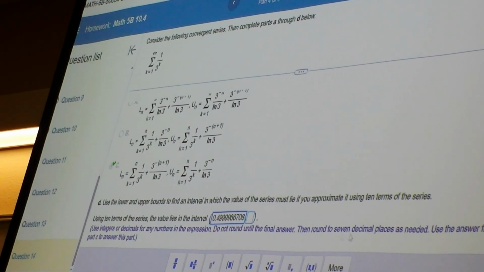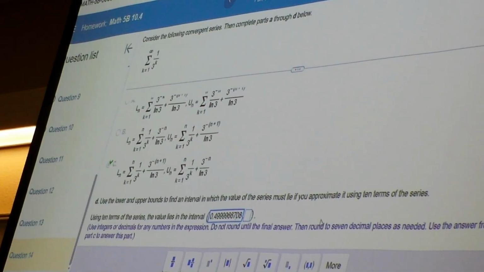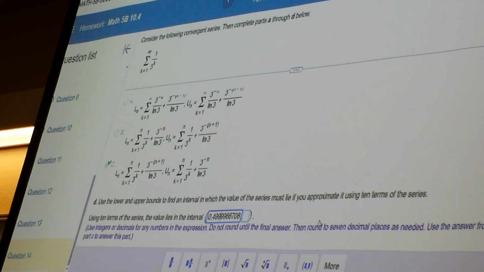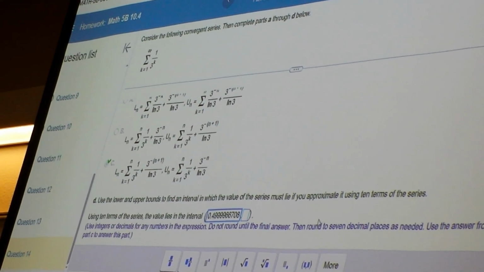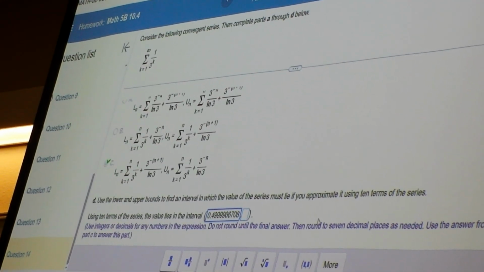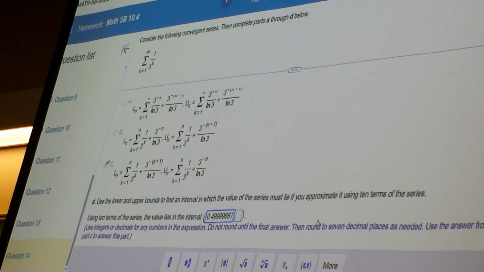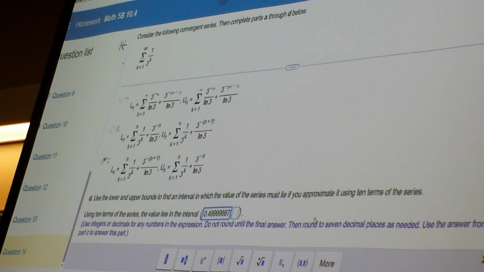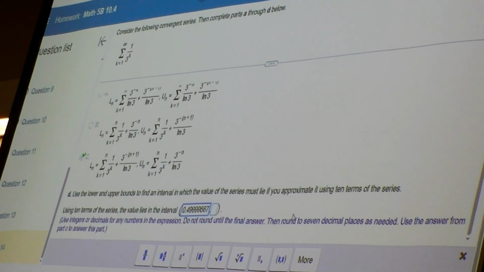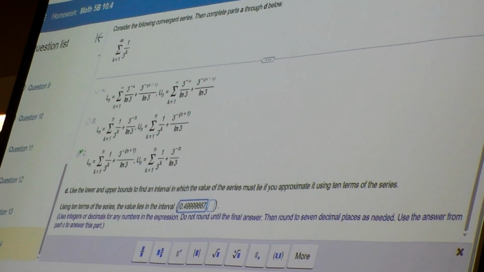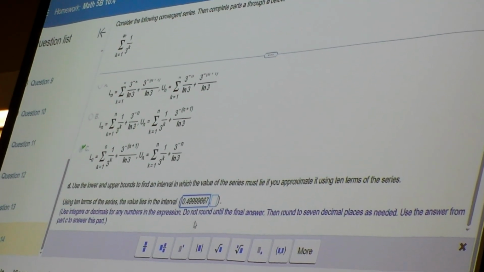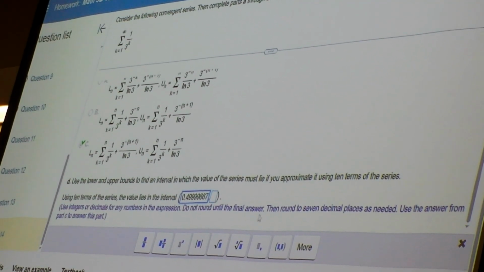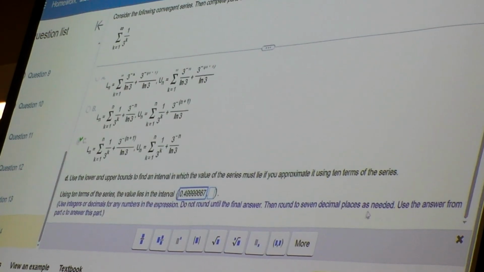It says round to 7 decimals. We have 1, 2, 3, 4, 5, 6, 7, 8, 9, 10, so we need to take off 3. Now, that 7 is going to round that 6 up, isn't it? Last time we just left it alone. It says do not round until the final answer, then round to 7 decimal places as needed.